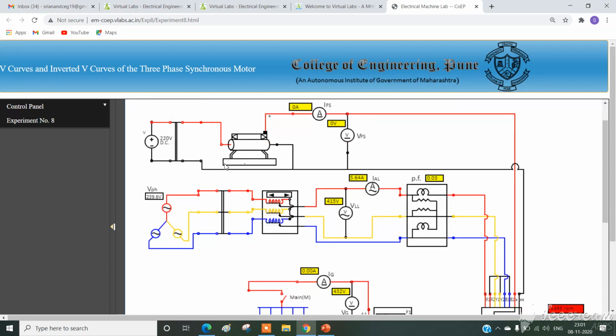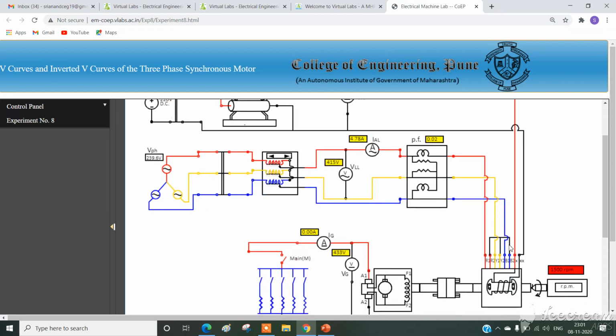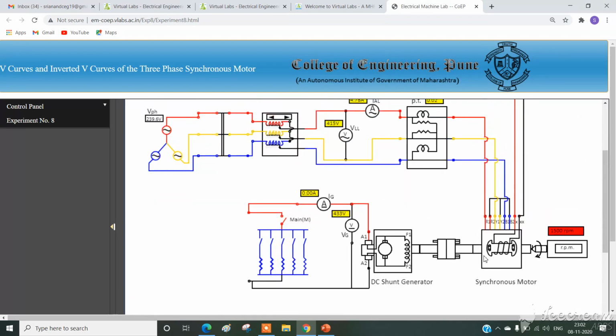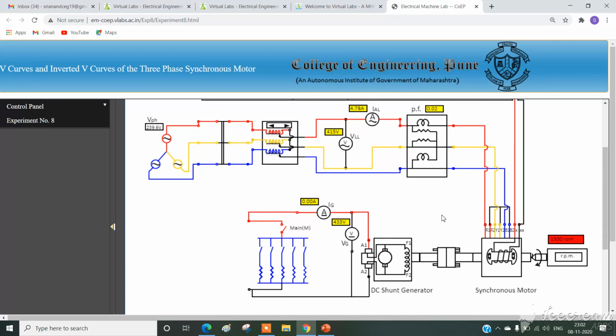Now we increase the value by using this rheostat position. The rated speed of the synchronous motor is 1500. If we change any parameter, the speed is always constant. That's why a synchronous motor is called a constant speed motor, irrespective of load variation.